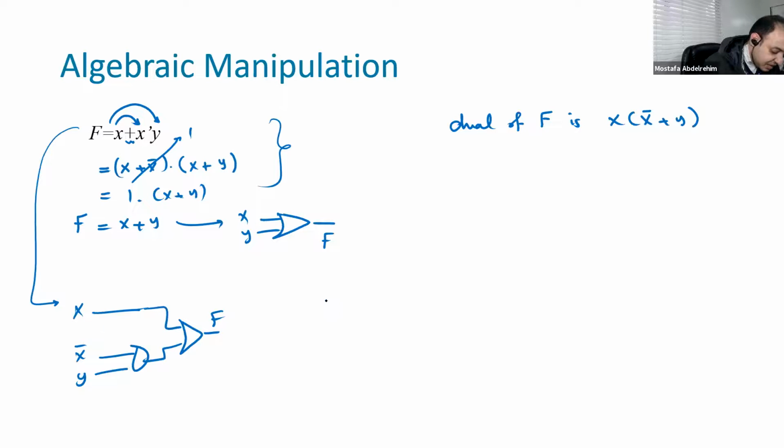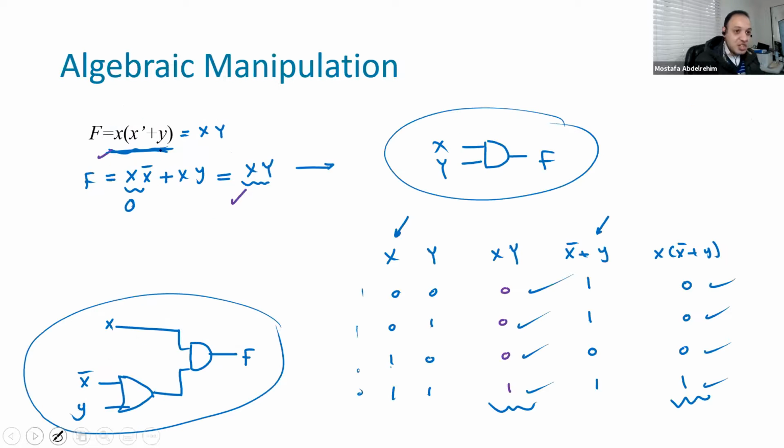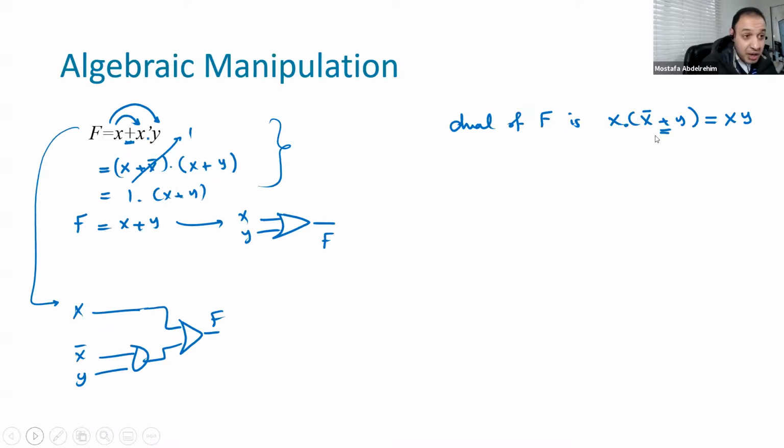What happened here? This or is converted into and, and this and is converted into or. What was the result of this? We find that this is equal to xy. So by duality, just when we finished this one, we can say that x or x bar y equals x or y.